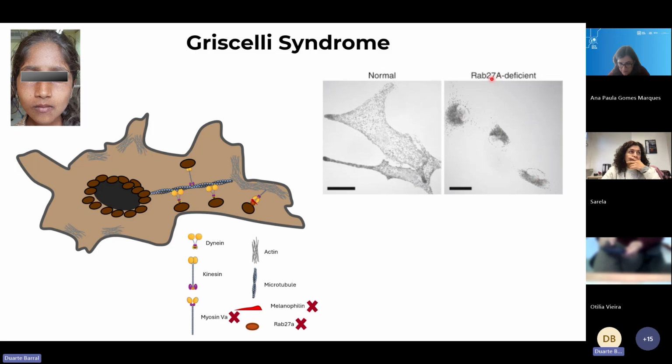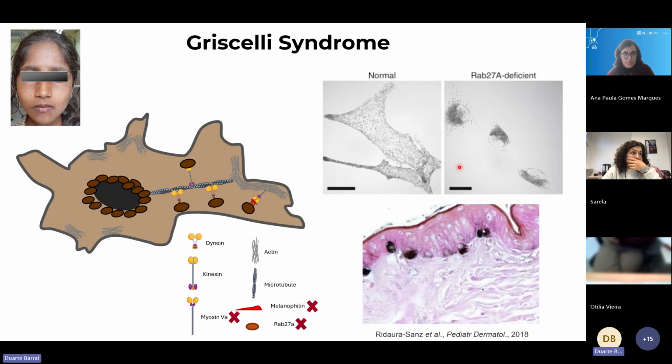When you image RAB27A deficient melanocytes, but the same happens if you do myosin 5A deficient or melanophilin deficient melanocytes. And if you look at the skin of a patient with this disease, you see this characteristic accumulation of melanin inside melanocytes.